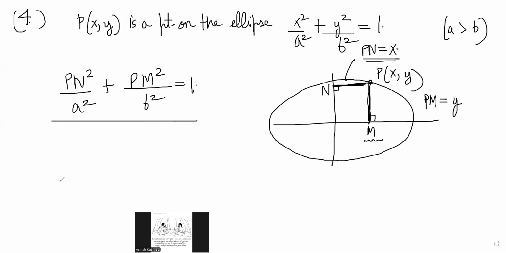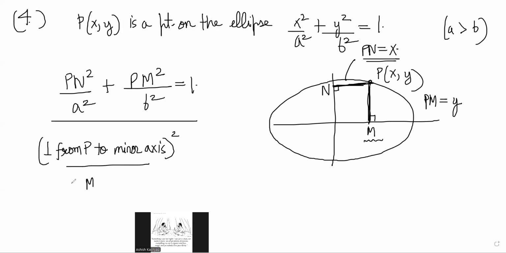Where PN was what? The perpendicular from P to the minor axis, squared, divided by the semi-major axis squared, plus, PM was what?